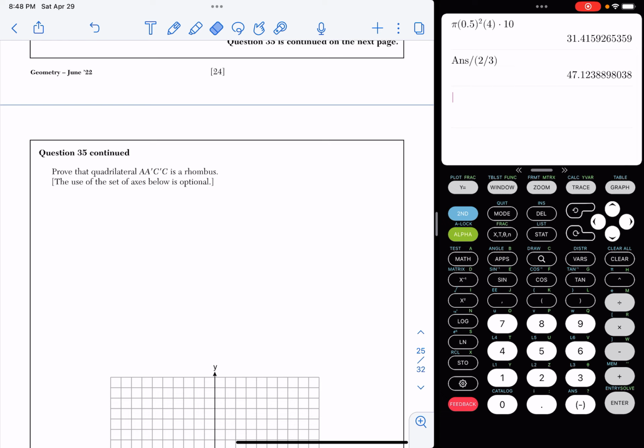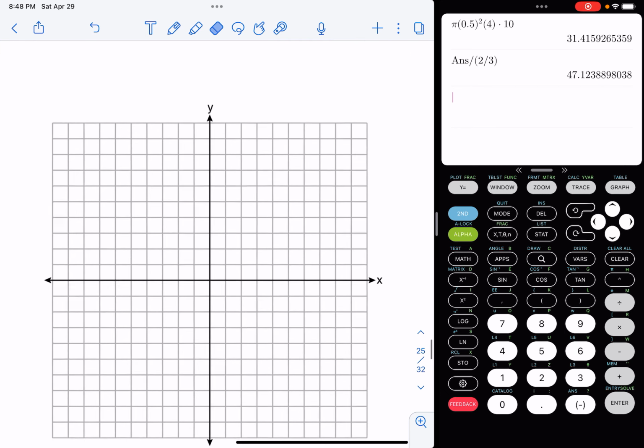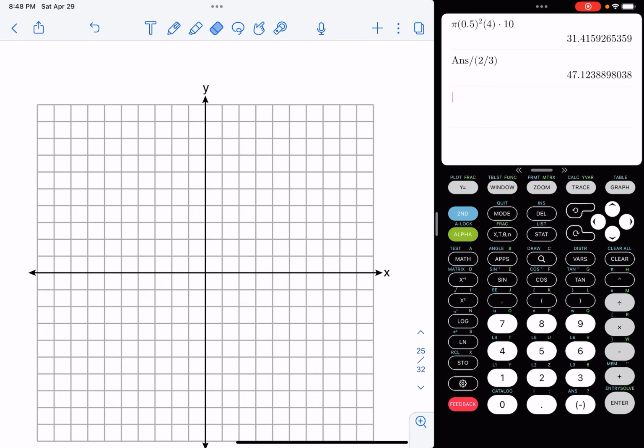So let's note that for both of these parts, it says that use of the axes below is optional. Anytime you see that, I personally would recommend graphing it. I do think that makes the problem a little bit easier, to just visualize what's going on. So I'm going to go to my graph and plot the 3 points they gave us.